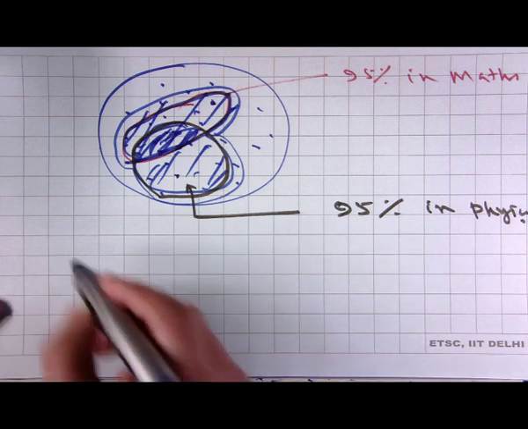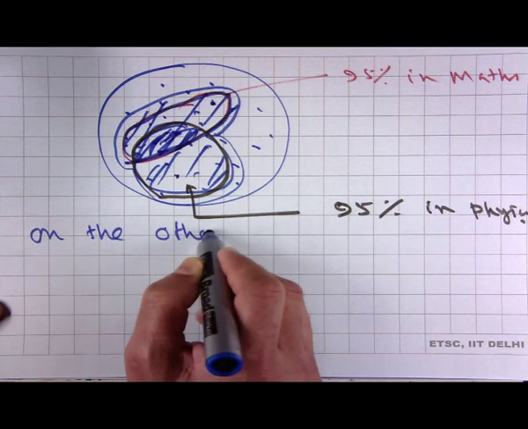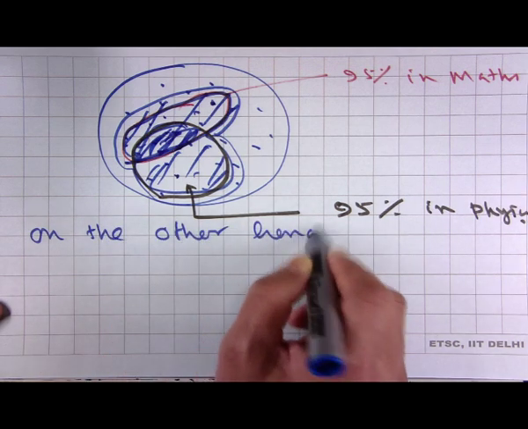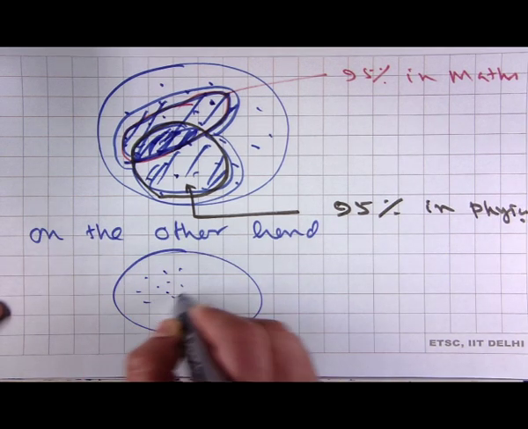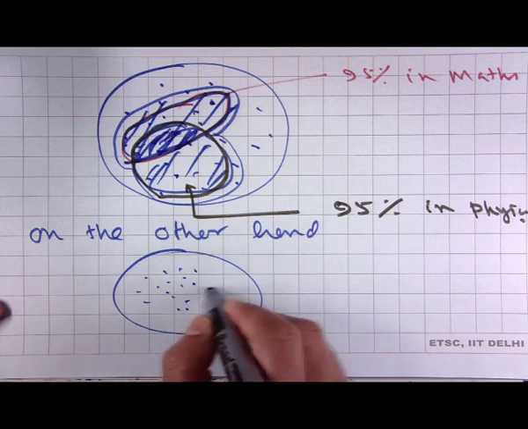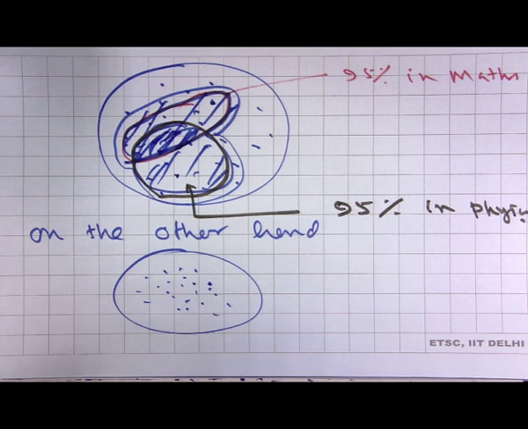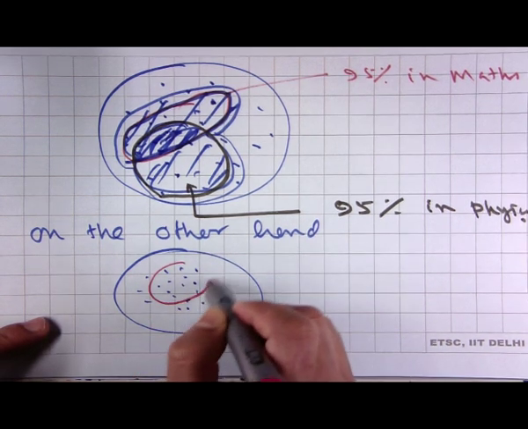On the other hand, if instead of or it is and, then the school will give prize only to the intersection of these two sets.